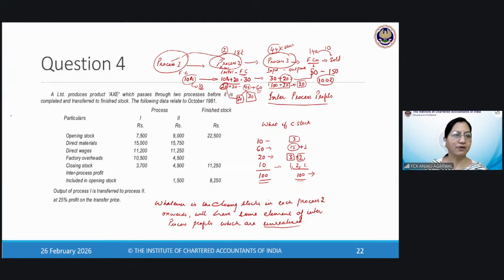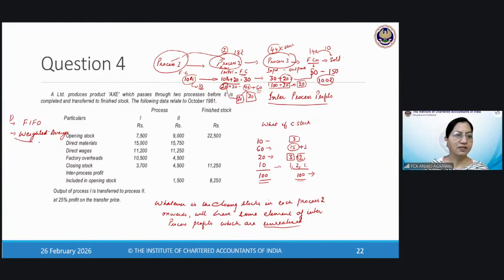Two things you have to remember here. You have to be very, very careful about two things. Number one, these questions can be solved using either FIFO or weighted average.